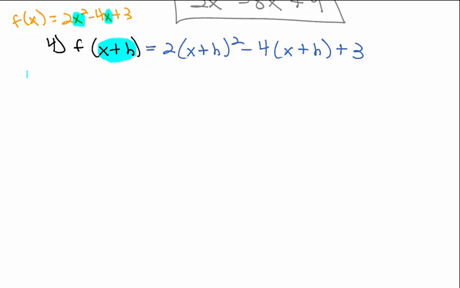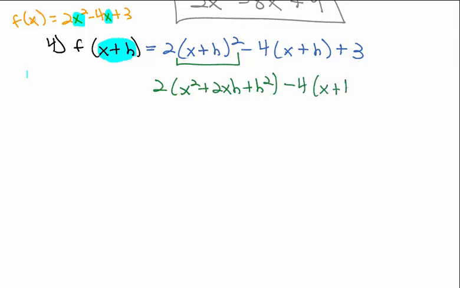And in much the same way as the previous two problems, we'll simplify using the order of operations, doing exponents first. That's x squared plus 2xh plus h squared, minus 4 times x plus h, plus 3.